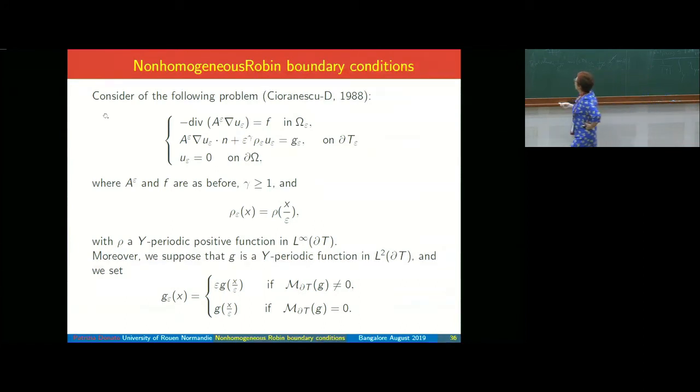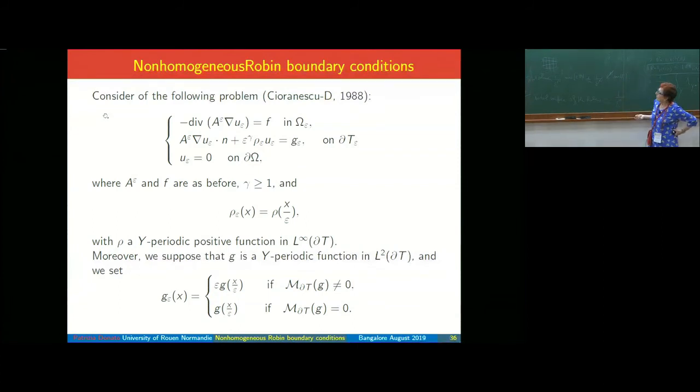Okay, now, if you compute the total surface of the holes, the number is the same, the number of holes, so it's still 1 over epsilon to the power n.